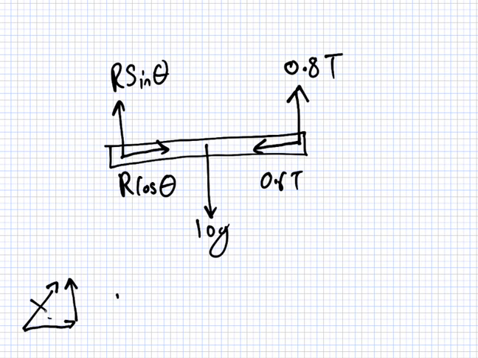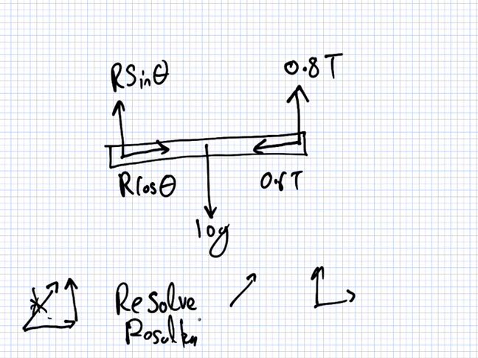No, magnitude is the name of this part. Not resultant, the other one. Resolve. So resolve is when you take a vector and break it into x and y, and resultant is the opposite. Resultant is when you take a vector in x and y and add it together.